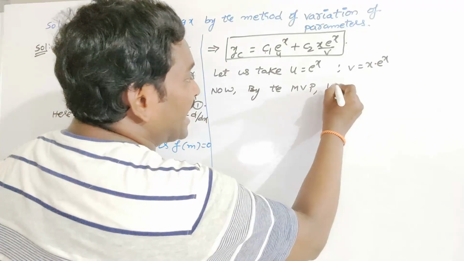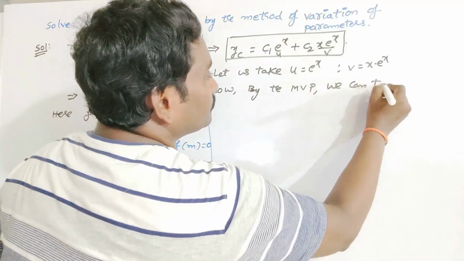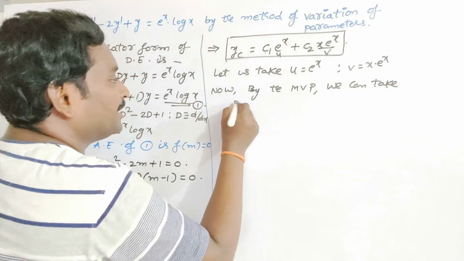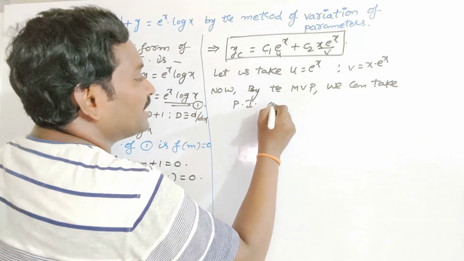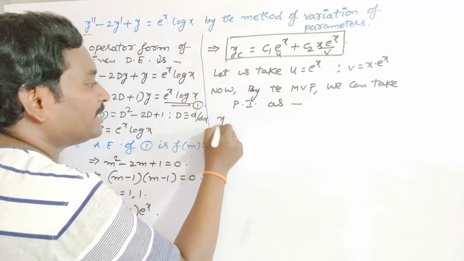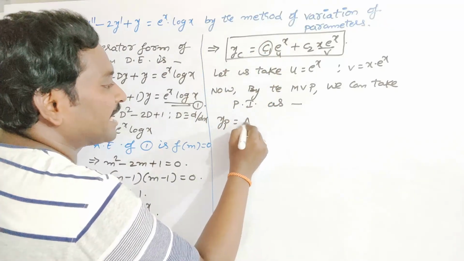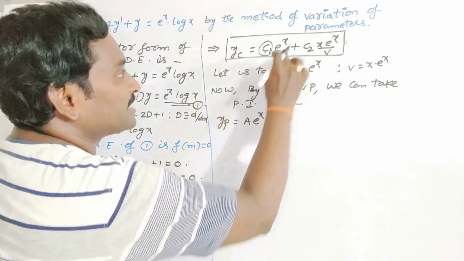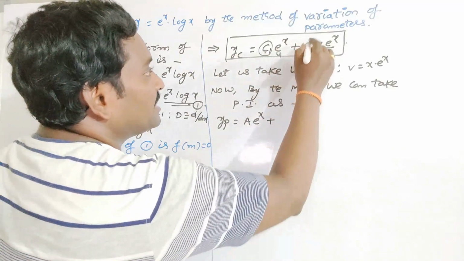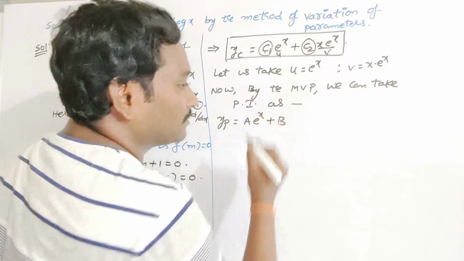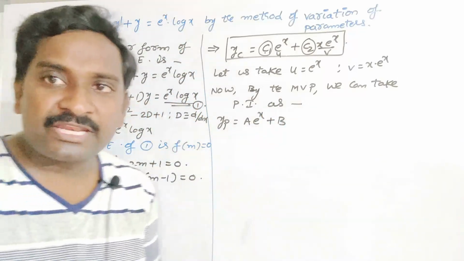Now by the method of variation of parameters, we can take the particular integral as yp is equal to: replace c1 by capital A, the remaining term is the same, plus replace c2 by capital B, into x into e power x. What is the method of variation of parameters?